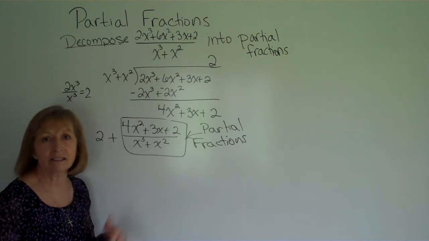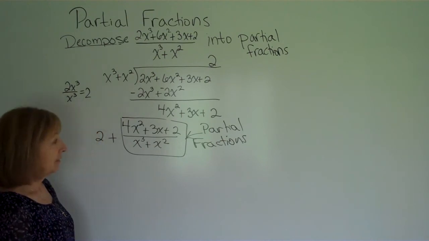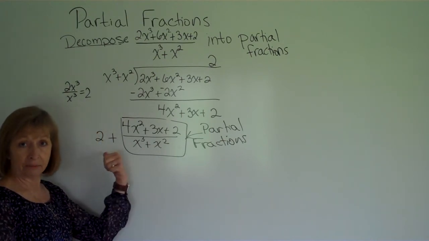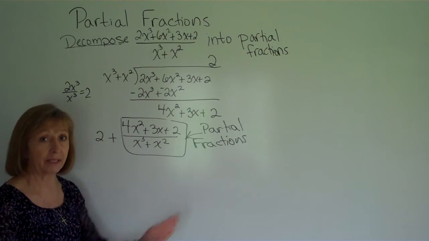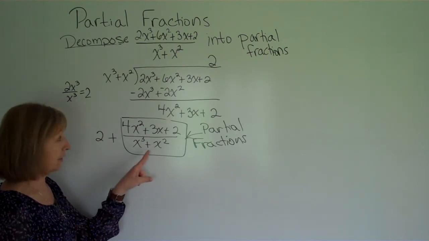So we're pretending like this is the beginning of the problems like we've already seen examples of. Just when we write it at the very end, we want to make sure we include the quotient plus then our partial fractions. All right, so we're going to focus on this to start with.